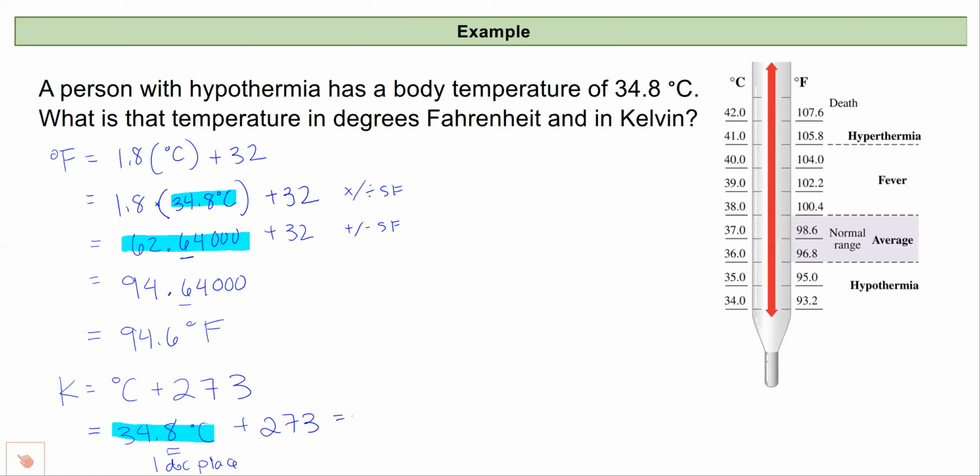So when I do this calculation and report my significant figures, it'll be based on that 34.8 and that one decimal place, and not the 273, which is an exact number. So I get 307.8000. Got one decimal place, so I'll report this as 307.8 Kelvin.